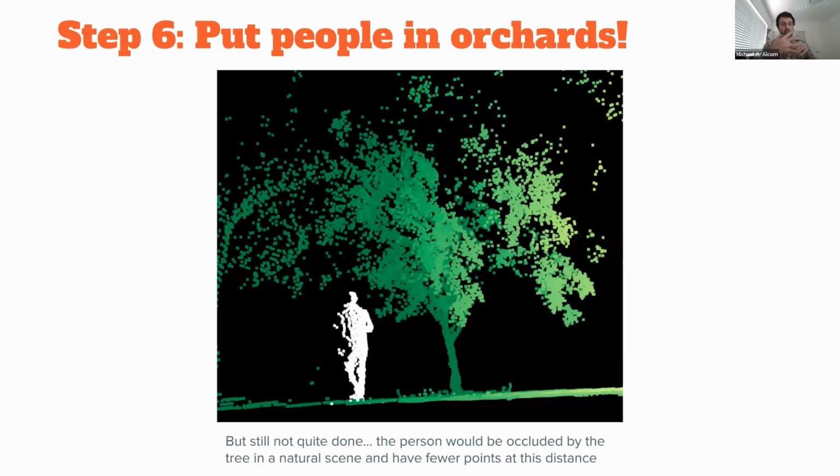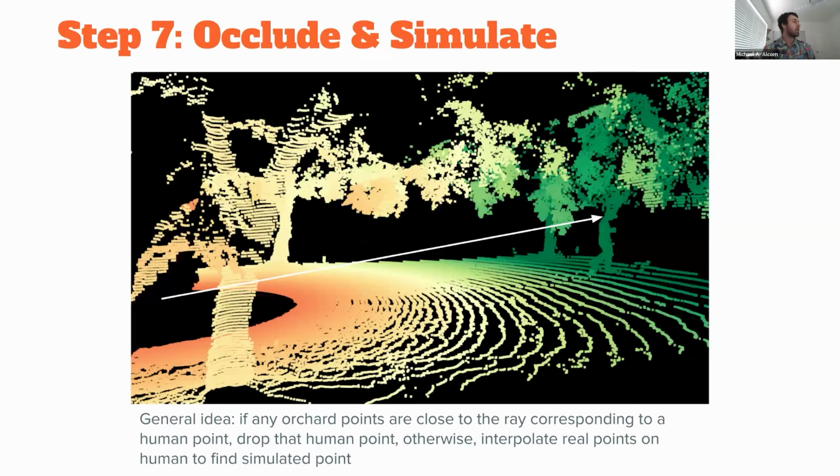Because those beams are spreading, when an object is closer, it will be hit by more beams, and when it's further away, it'll be hit by fewer, and the pattern of the points on the object will be different. And that is what this next step needs to consider.